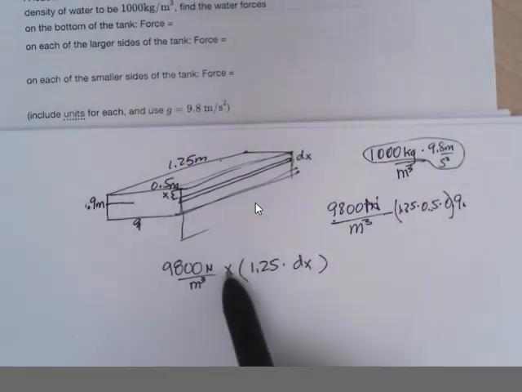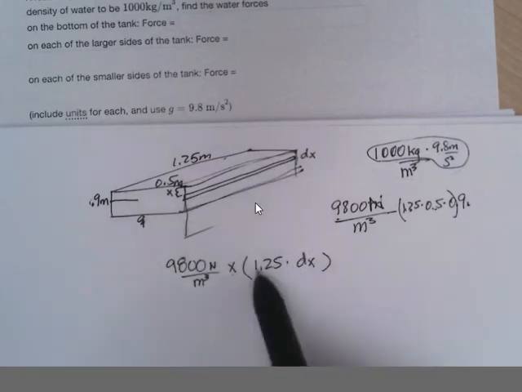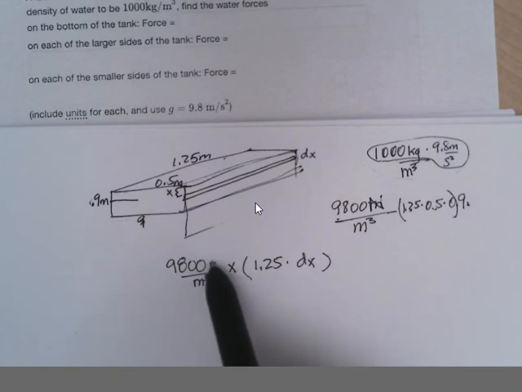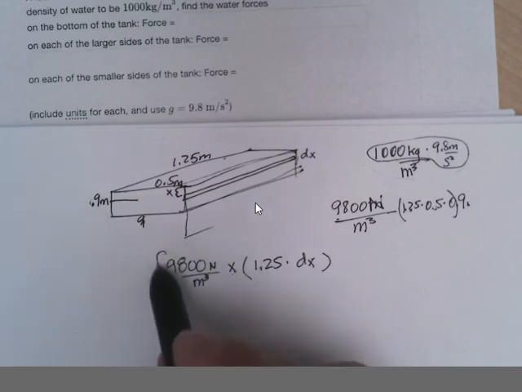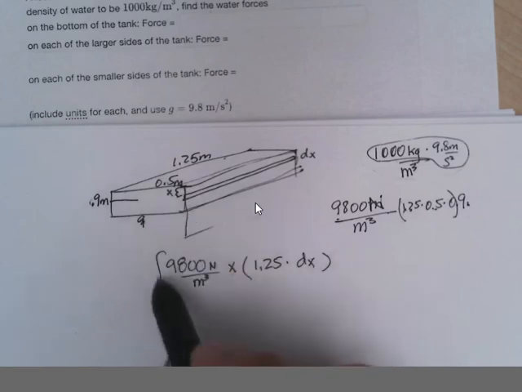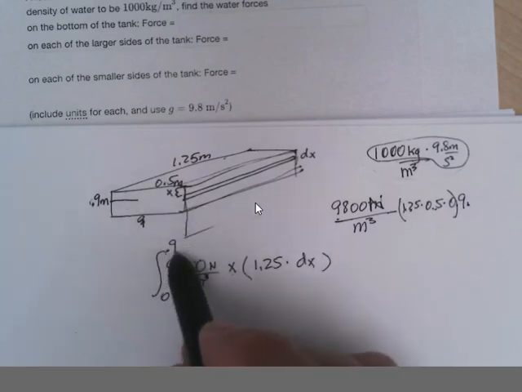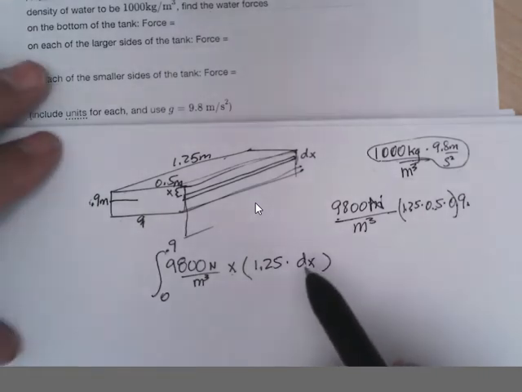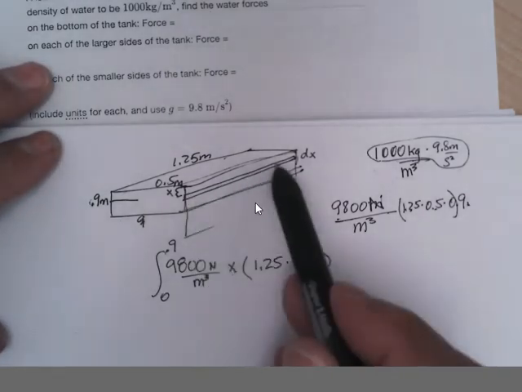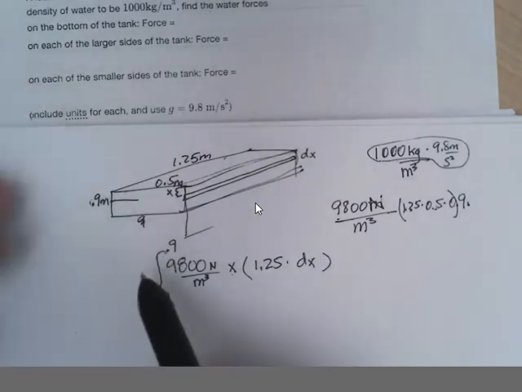So we have how deep we are times the length times the height of that rectangle, and that cancels that, and that would give you a Newton, which is a force. We just have to add up all of those on the side here where x goes from 0 to 0.9. So that would be the force on one of the larger sides, and would be the same on the other large side.